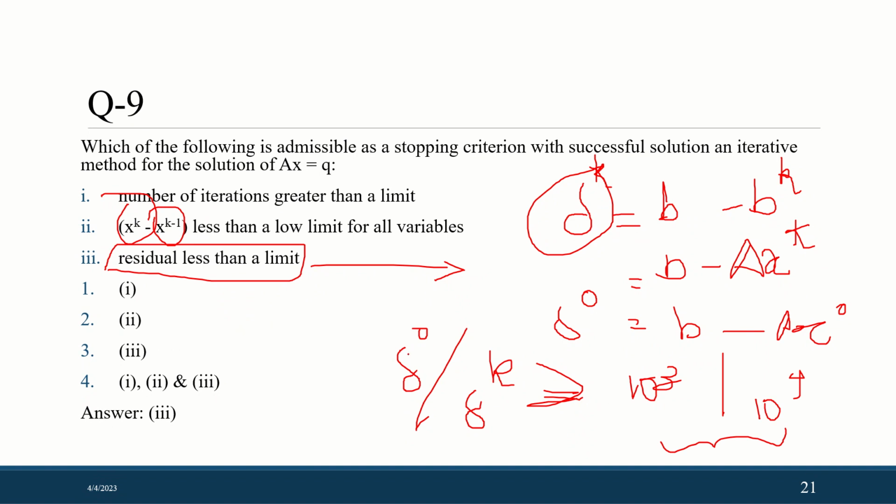If it is in this range, delta k is decreasing, so the residual would be coming below a certain limit. So the answer to this problem is question 9. The answer is option 3, that is residual less than a limit is the right answer for a stopping criteria when we are dealing with an iterative procedure, like for solving Ax equals b.